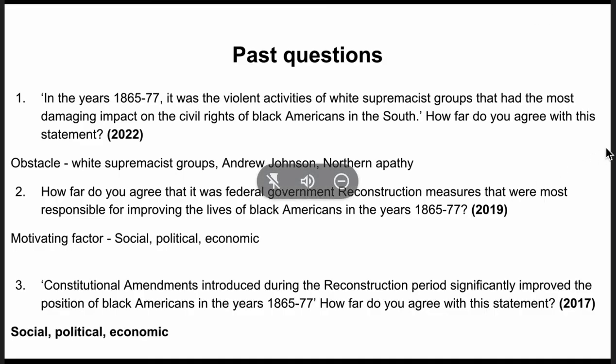You could talk about other Reconstruction legislation, how far those things significantly improved the position of Black Americans. So you're weighing up whether those things actually did make significant improvements or not. And I would suggest with that one, social, political, economic would be a good approach.